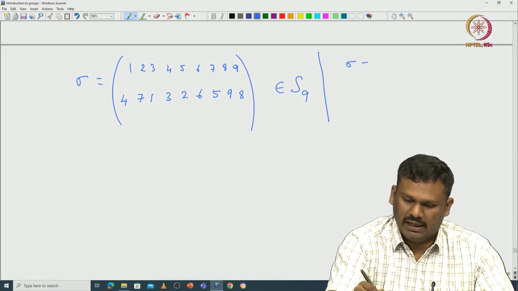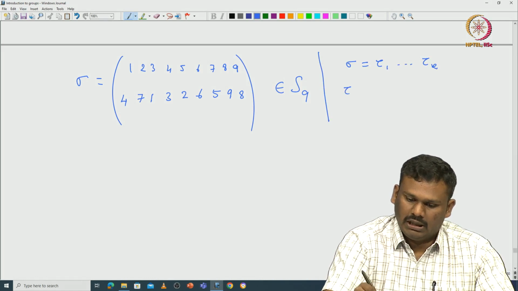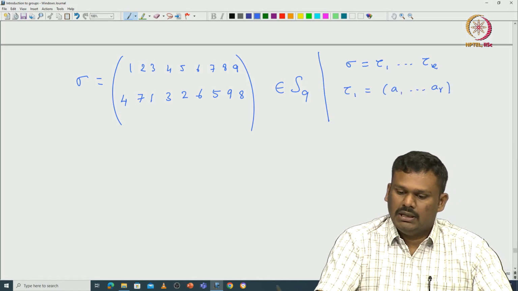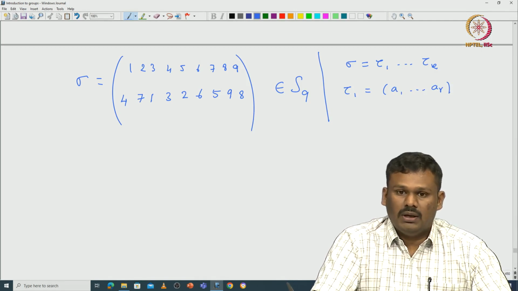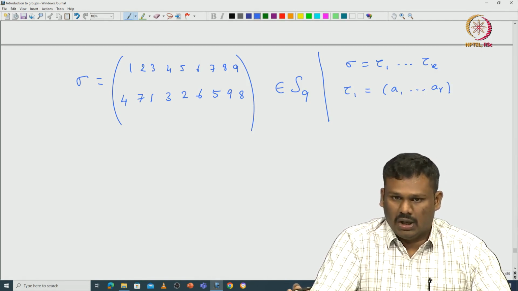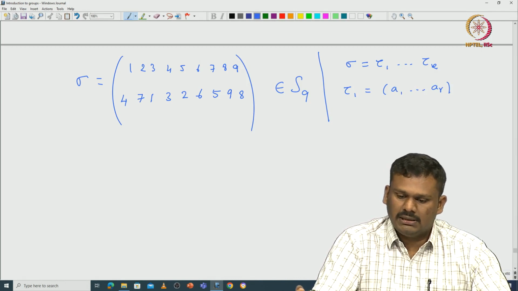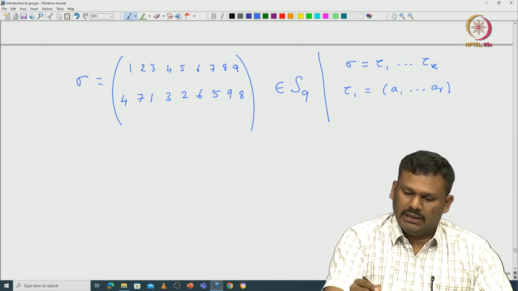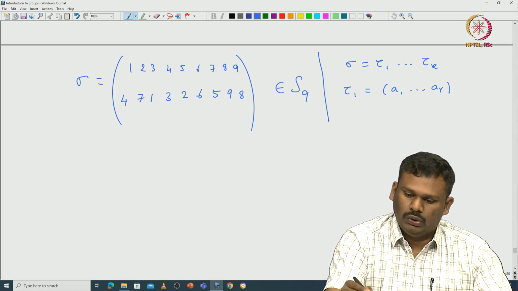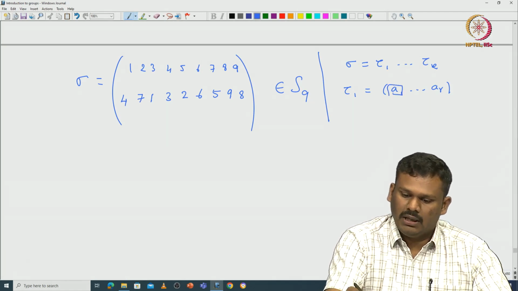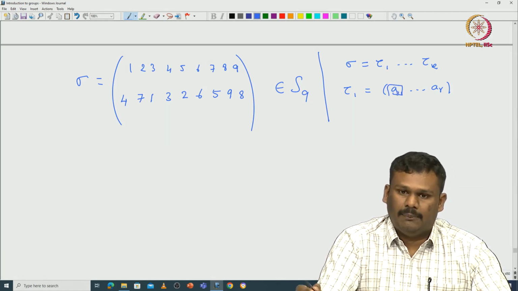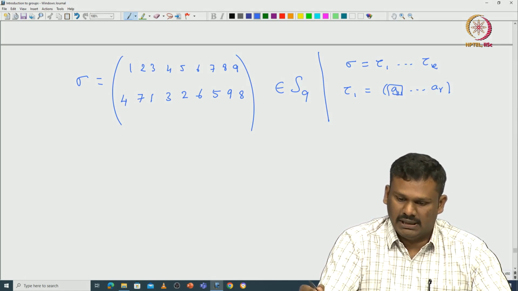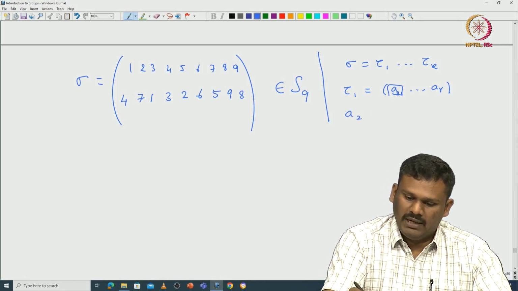Let me just state what I am trying to say. If you write sigma as, let us say, tau 1 through tau k, and tau 1 is nothing but some (a1 ... ar), then you can see that tau 1 and tau 2 will not have anything in common. If you want to get tau 1, you can pick a1 and repeatedly apply tau 1 on this a1. Then a2 will be obtained by tau 1 of a1 and so on.